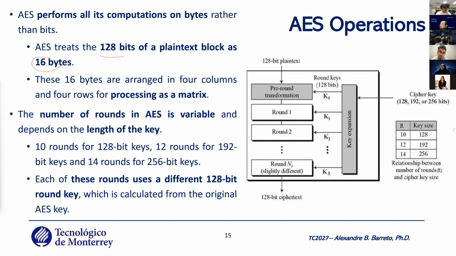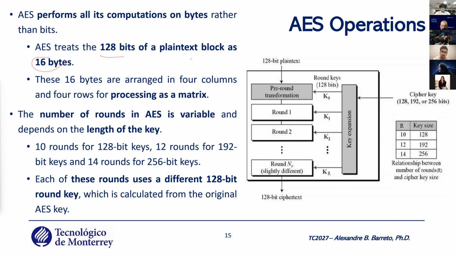You have a table, like I have an animation that you can see, but you have a specific table, okay? And you use, for example, you get the data and you look at the table. For example, the first byte you change for the number in the table. You make an operation in the table. The second byte you change for the second operation in the table, and so on. Okay.